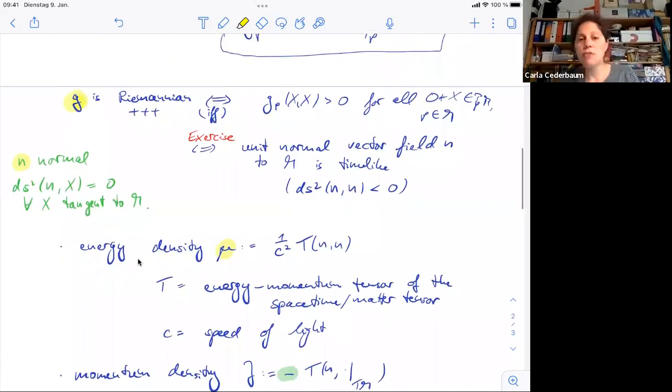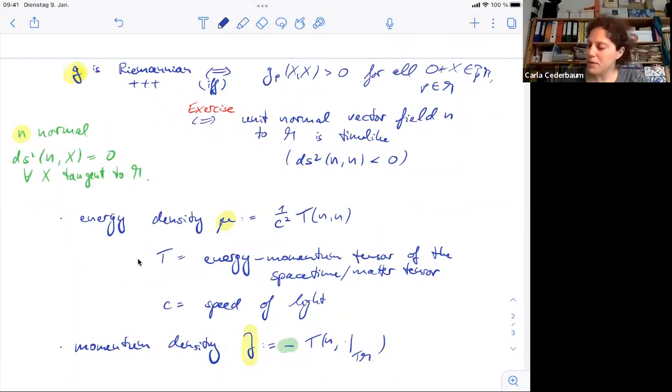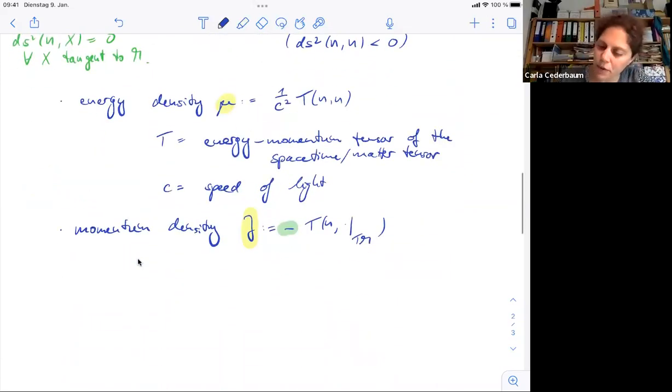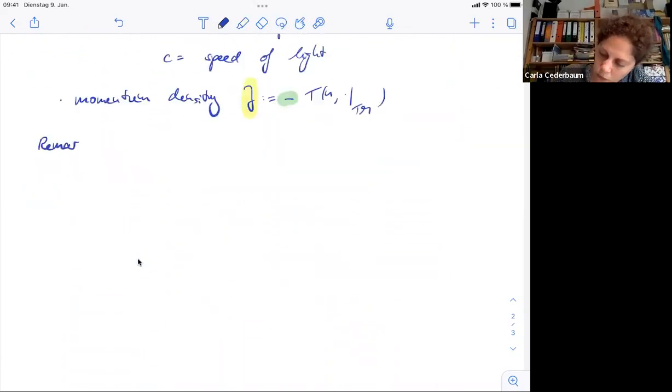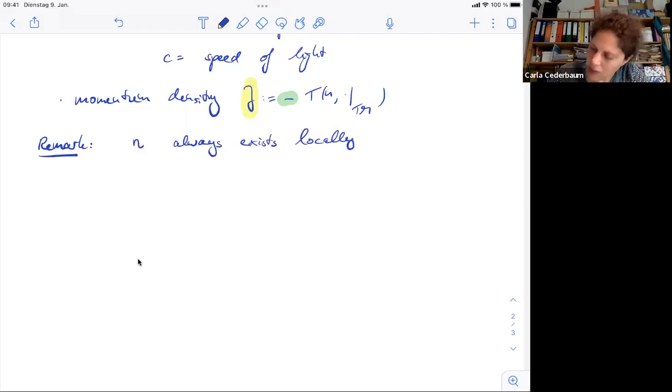Maybe you noted. But before I go on to say something about K, let me make a remark about the normal. So N always exists locally, but not necessarily globally.